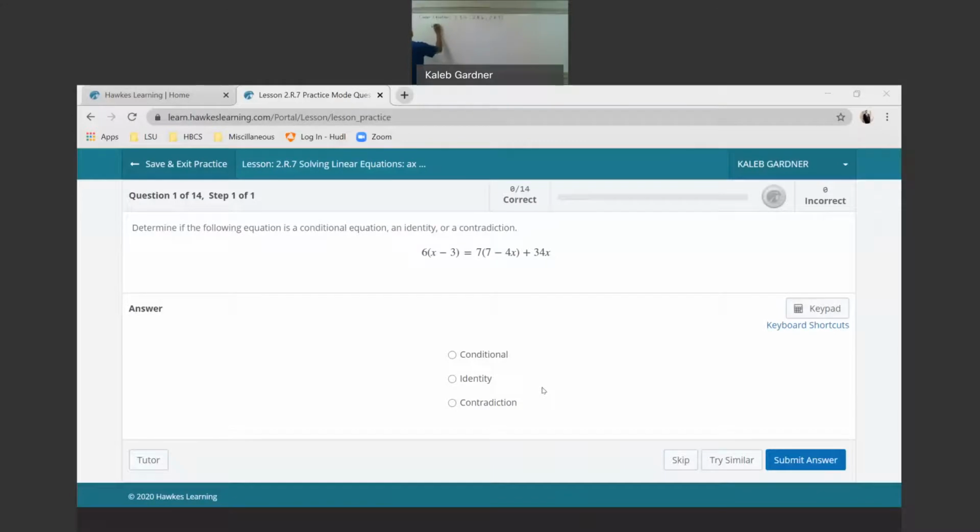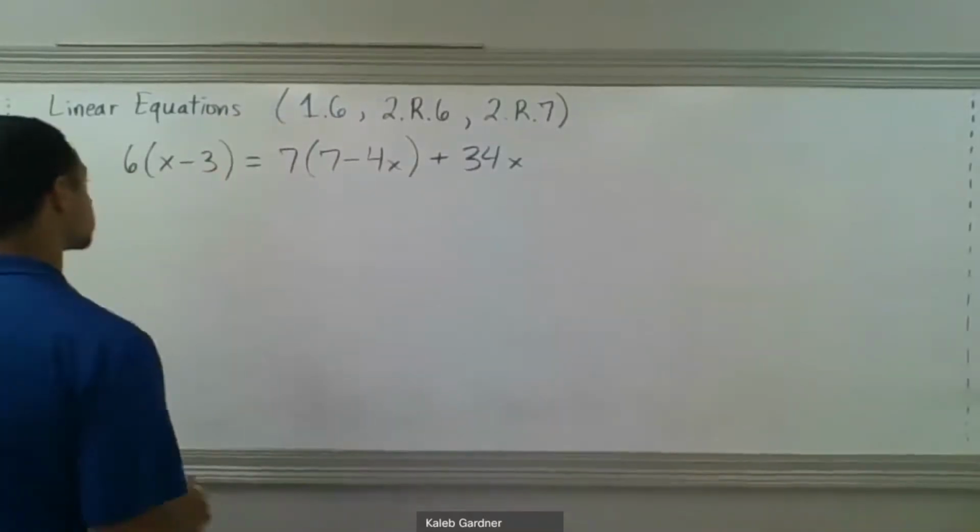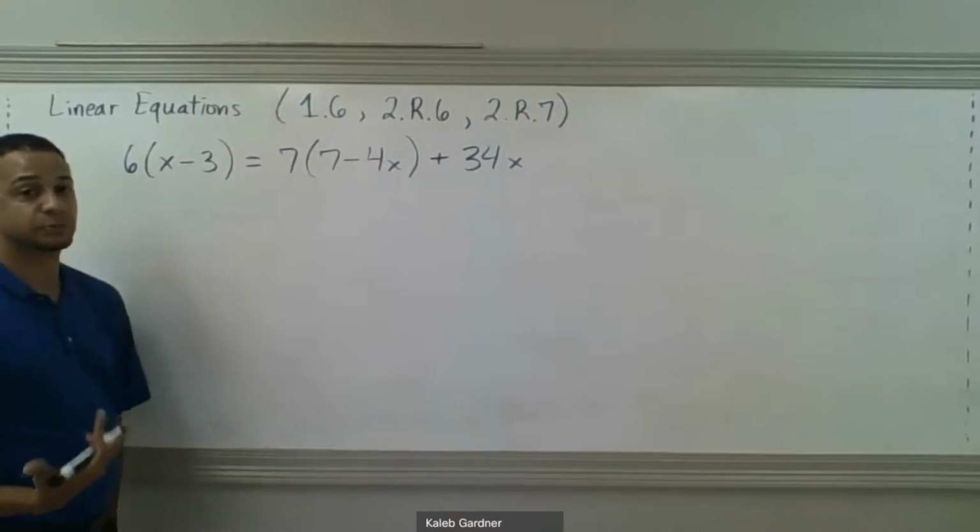So I've got 6 times the quantity x minus 3 equals 7 times the quantity 7 minus 4x, and finally plus 34x. All right, let's work this one out. Again, I see parentheses.